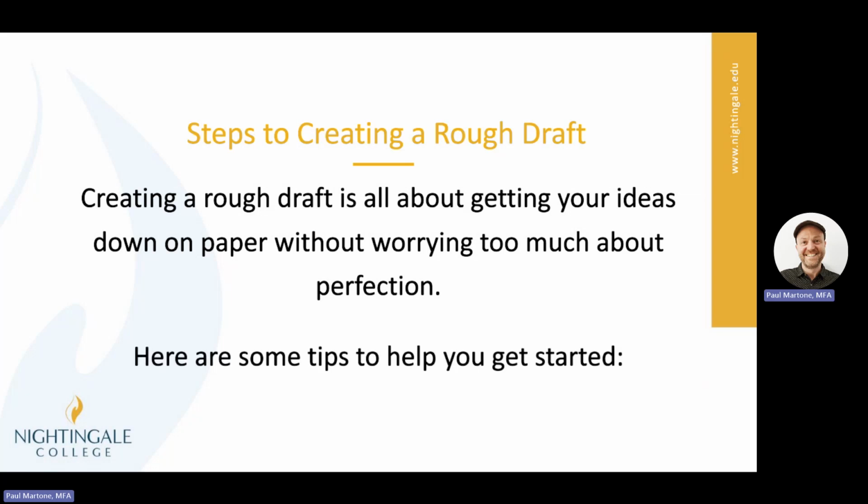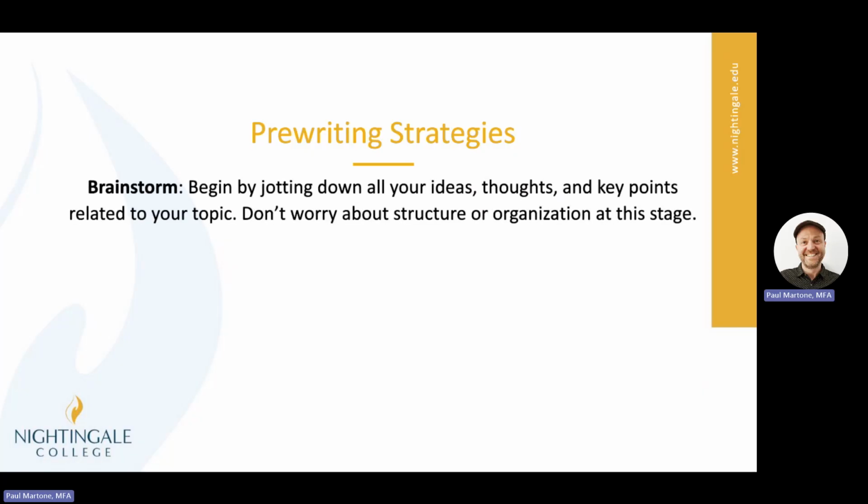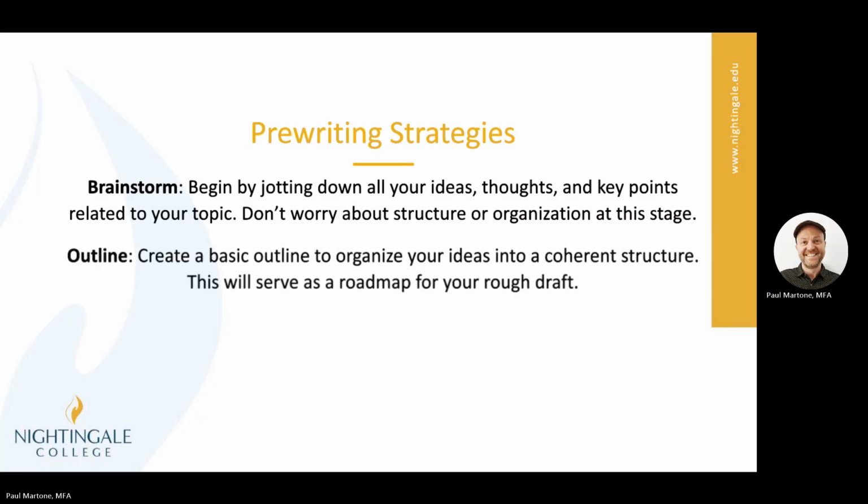Here are some tips to help you get started. Pre-writing strategies. Okay, brainstorm. Begin by jotting down all your ideas, thoughts, and key points related to your topic. Don't worry about structure or organization at this stage. This is an activity that we asked you to engage in English 90 in week 5 because that's where you really began the writing process.